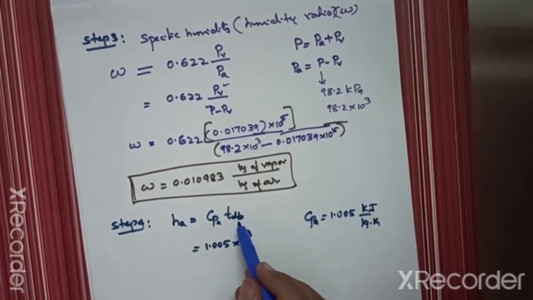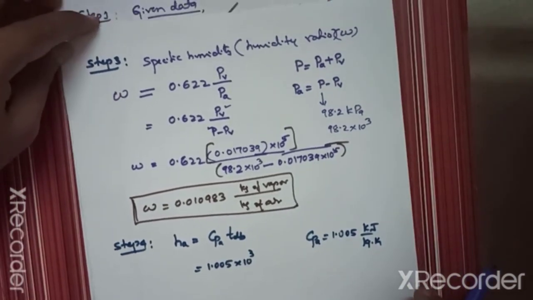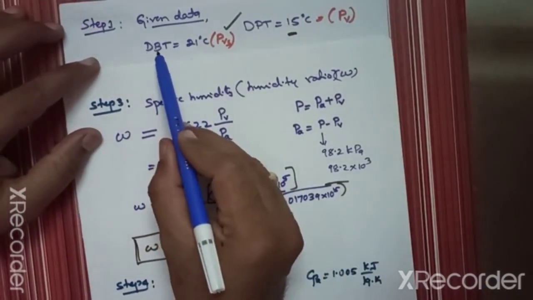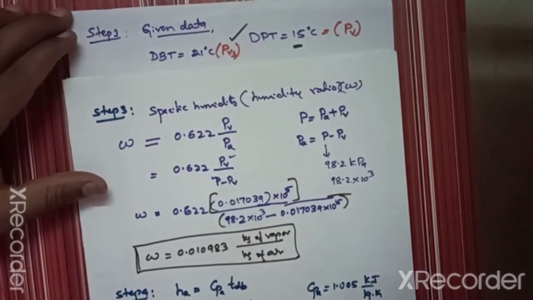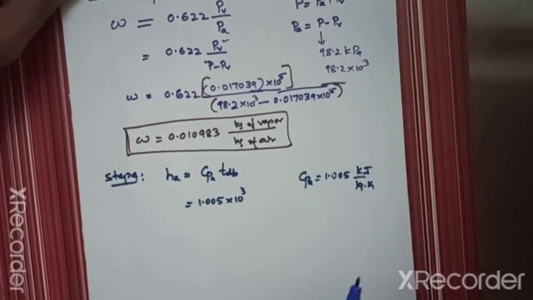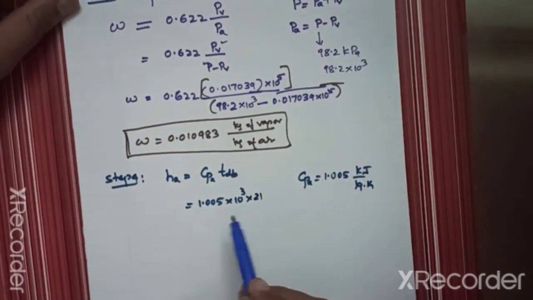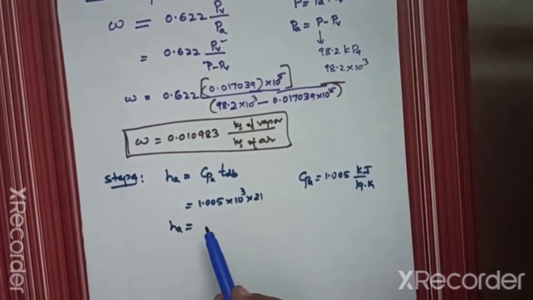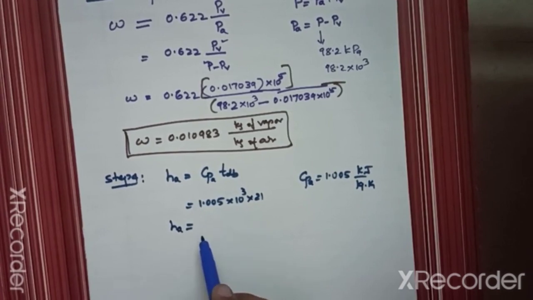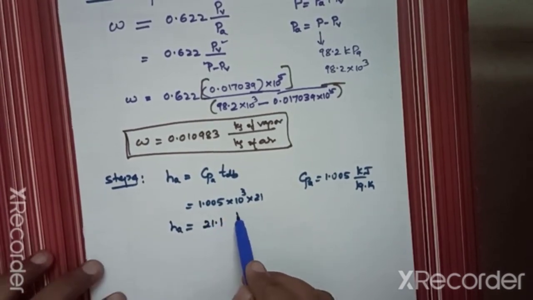What is the dry bulb temperature? How much is the dry bulb temperature which is given in the problem? Dry bulb temperature is 21 degrees Celsius. So 21 degrees Celsius, I will write here it is 21. So multiply these two values and calculate the enthalpy of the air, that is 21.1 we will get in the calculator.